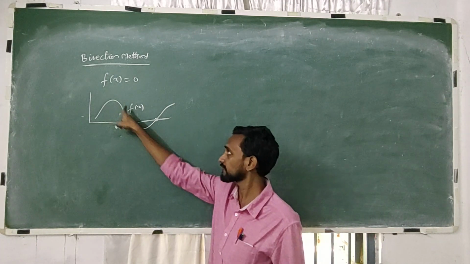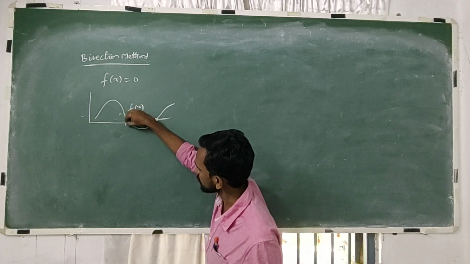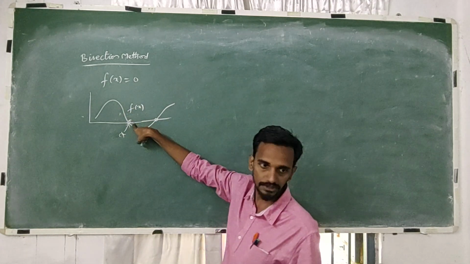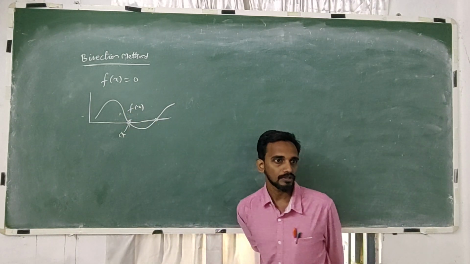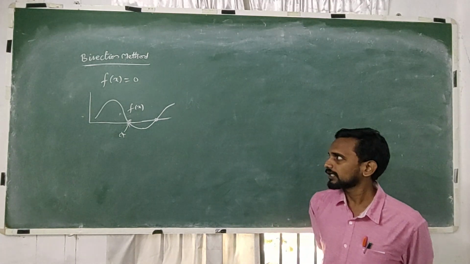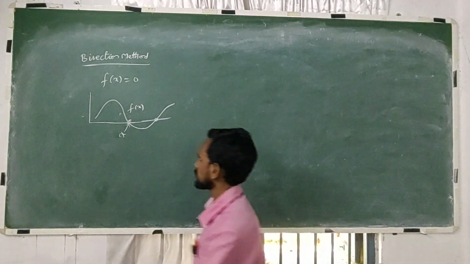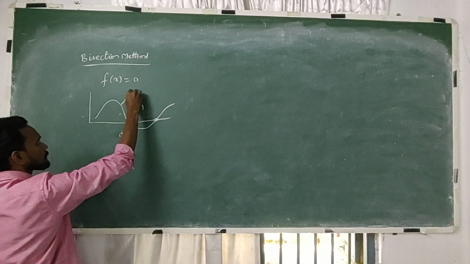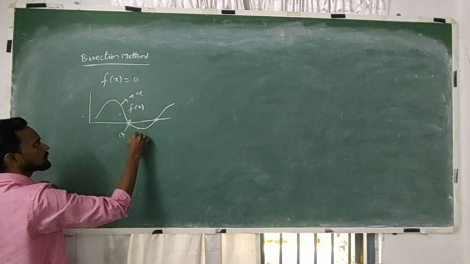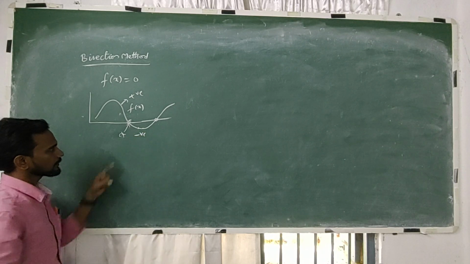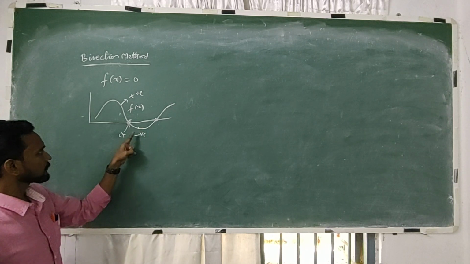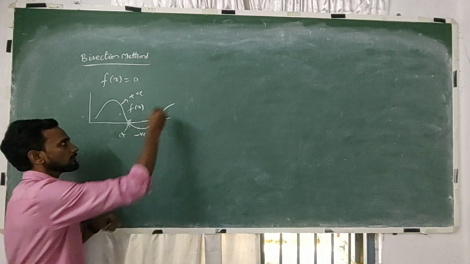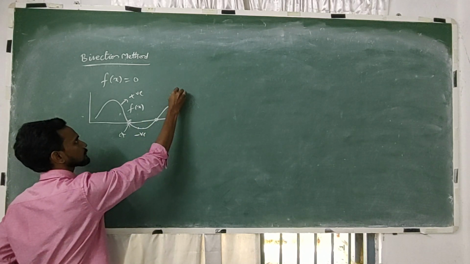So we draw a graph for f of x and identify the location of x where f of x becomes 0. On one side f of x is positive, on the other side f of x is negative, and on one side of the solution f of x is negative, on the other side f of x is positive.